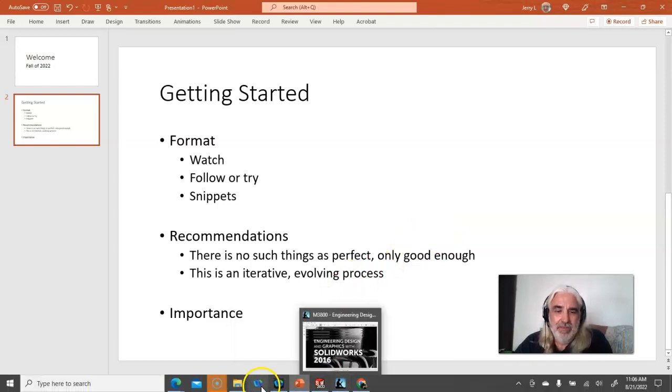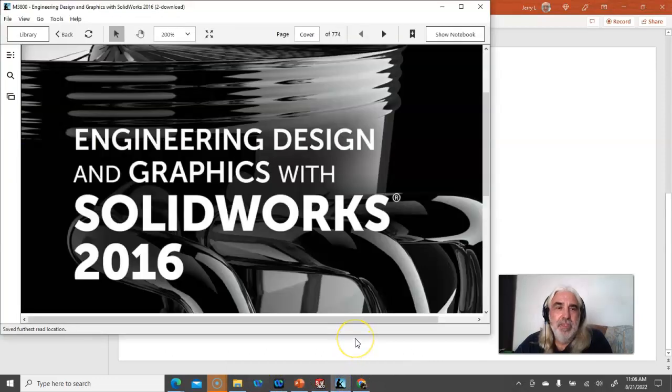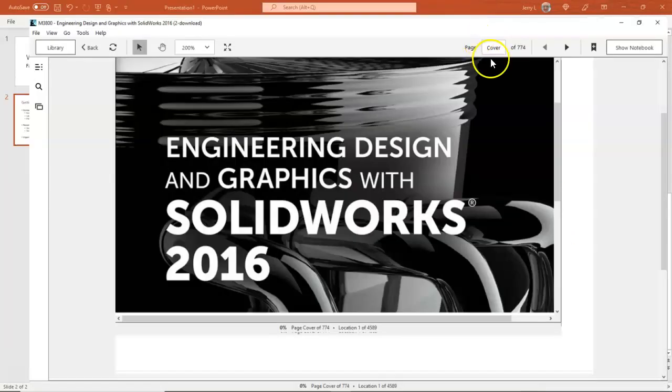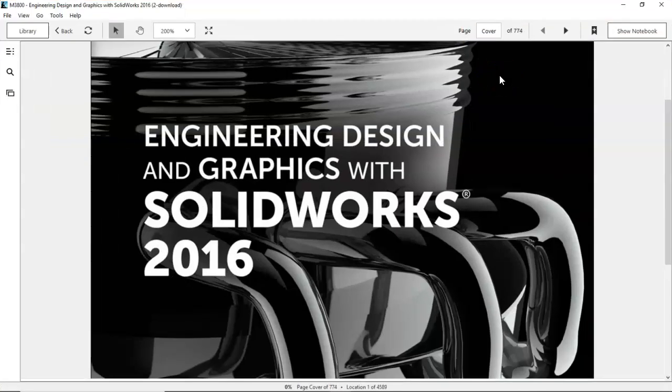Let's take a quick look at the book. The Engineering Design and Graphics with SolidWorks 2016 is the one I'll be working with. This is the Kindle version.